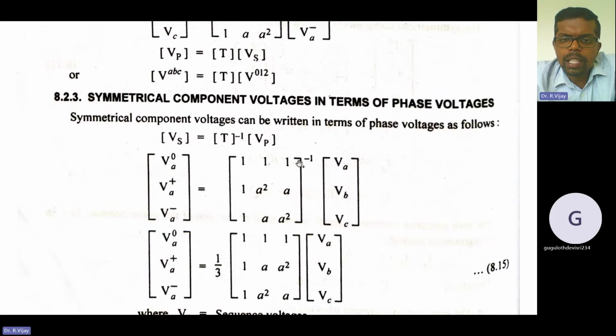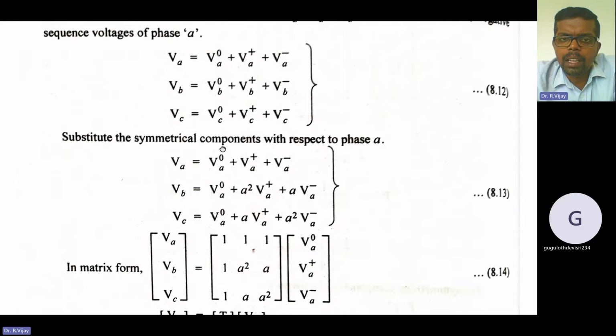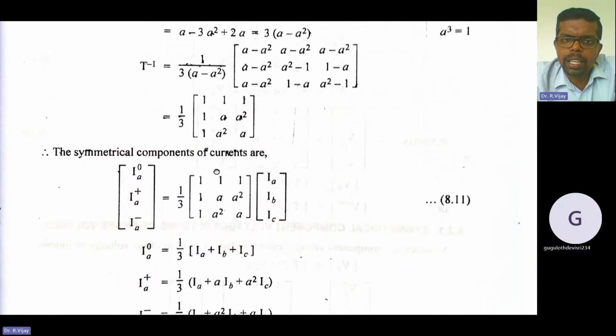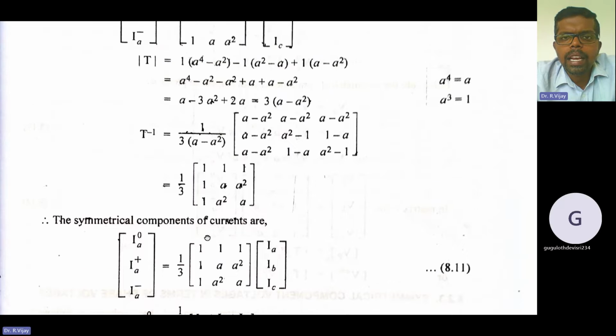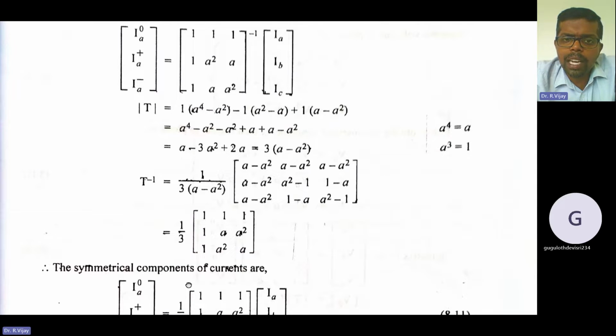That's all. This T matrix inverse, we have already taken in the previous equation. The same answer you can take. But in the exam it may be asked separately, so don't write "similarly, for current we solved like that."